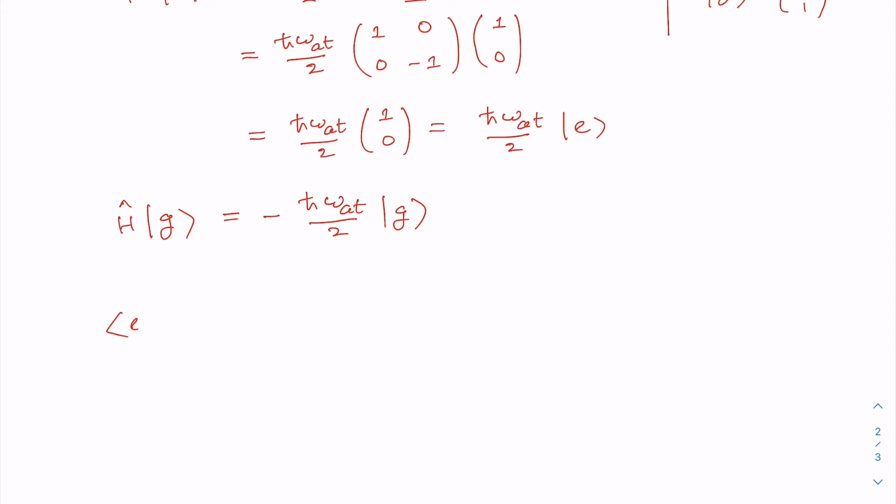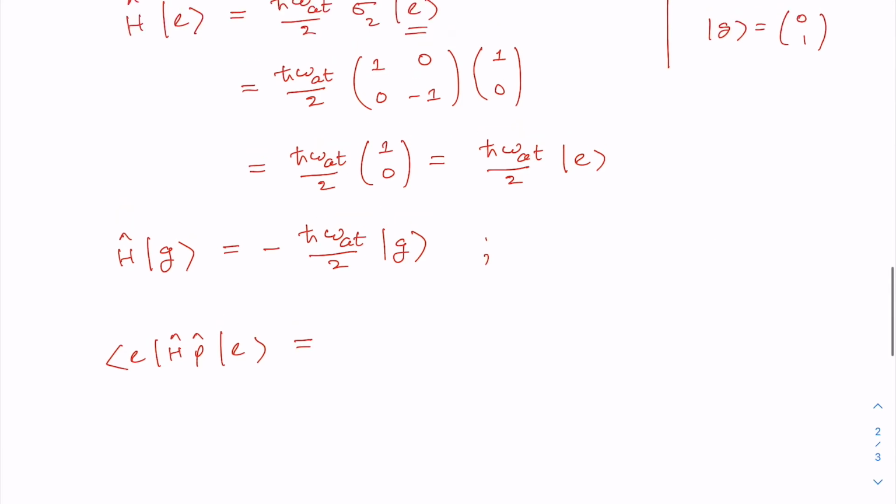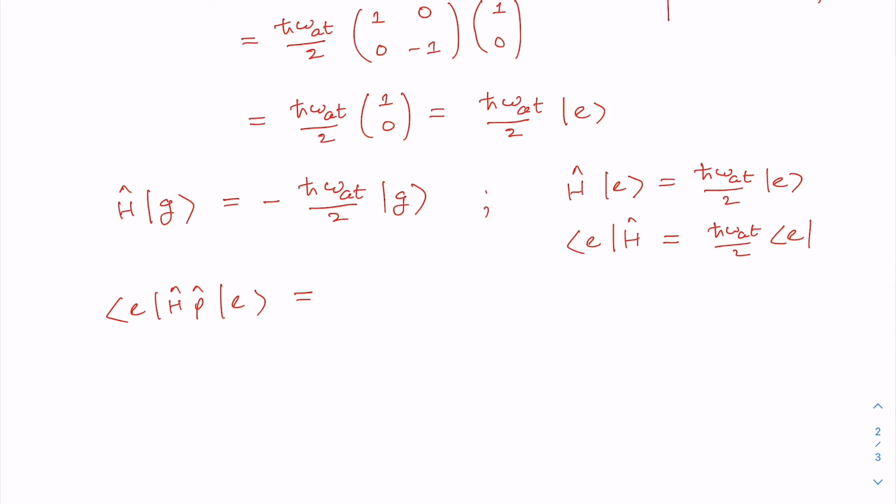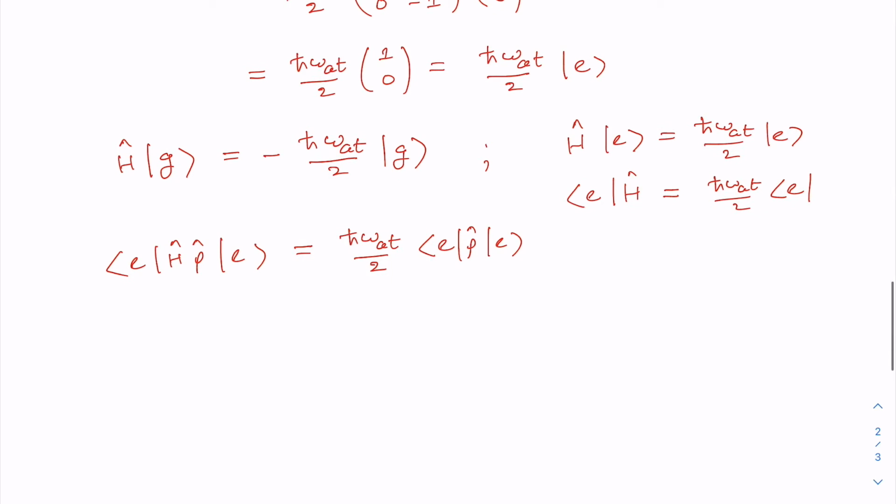And therefore we have ⟨e|Hρ|e⟩ equal to, by the way, just note that because H|e⟩ is equal to ħω_atom/2 |e⟩, and this is a Hermitian Hamiltonian, if it operates on the bra, your bra ⟨e|, you are going to get again ħω_atom/2 ⟨e|. Therefore I can write this as ħω_atom/2 ⟨e|ρ|e⟩, and the other one, ⟨e|ρH|e⟩, is also equal to ħω_atom/2 ⟨e|ρ|e⟩.